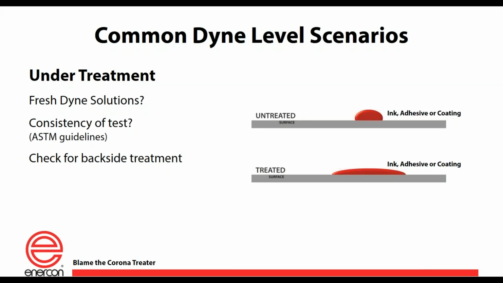The answer to that is, generally speaking, in bottles of Dyne solution, generally people like to turn them over in 6 months' time, and that's assuming the solution is kept in a cabinet. It's not just left out in the open. Remember, the solutions are made up of 2 solvents, and the solvents will evaporate. So if you leave the cap off the bottle, you're going to now screw up the ratio of the 2 solvents that then equal a certain Dyne number.